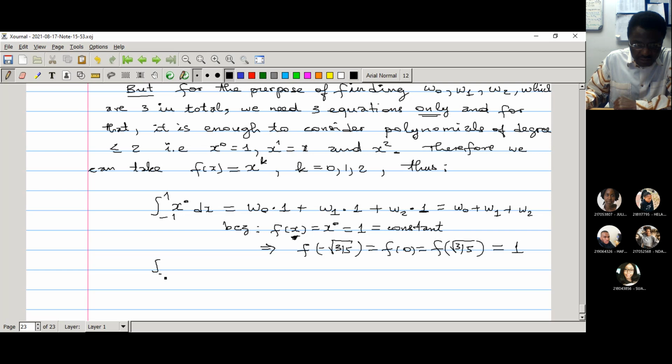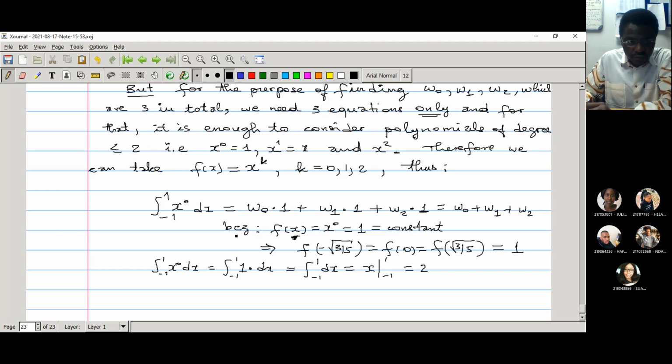The integral from -1 to 1 of x to the 0 dx is the same as the integral from -1 to 1 of dx, and the antiderivative of this is x. So it is x from -1 to 1, which is 2.